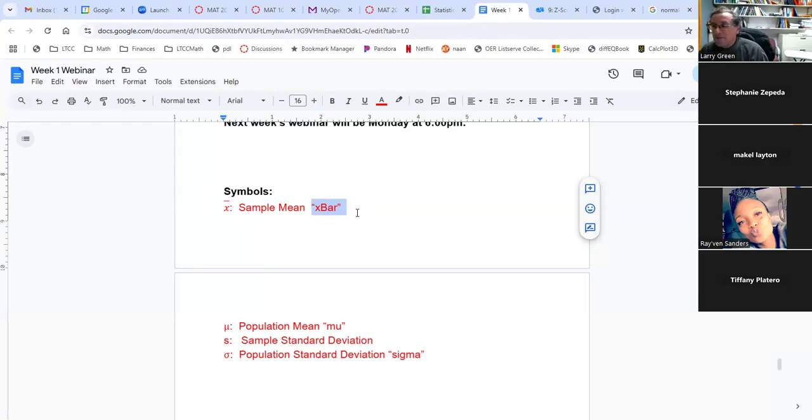Okay, does that make sense? Population mean, mu. Sample standard deviation, we use the letter s for that. And the population standard deviation is sigma. And again, if you don't know how to type that in for an exam, you can just type in SIGMA. Figure I should let you know that so you know what to do on exams.